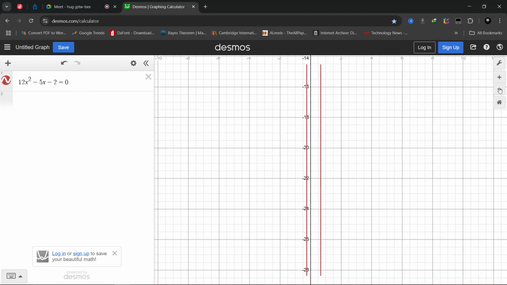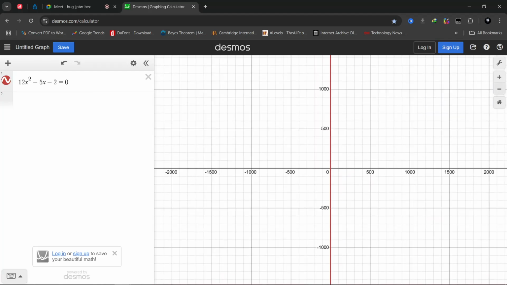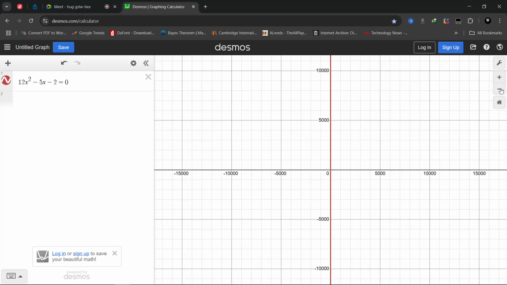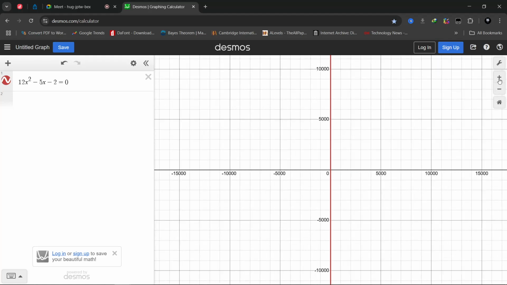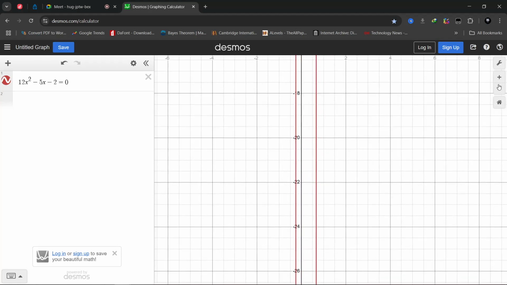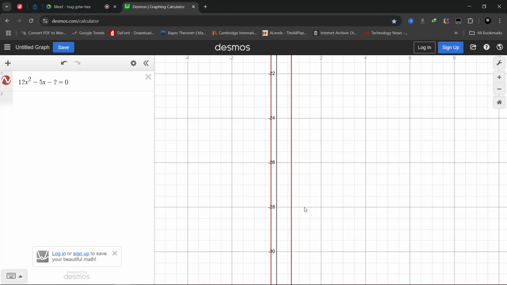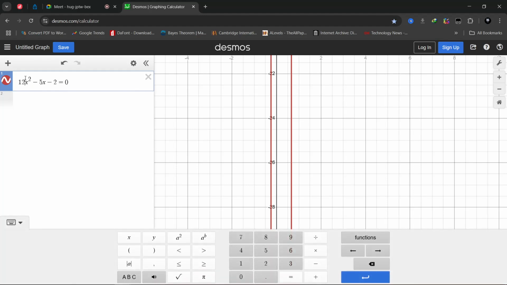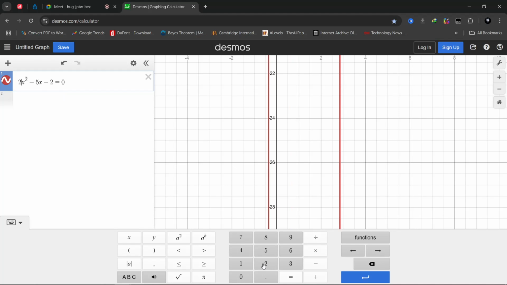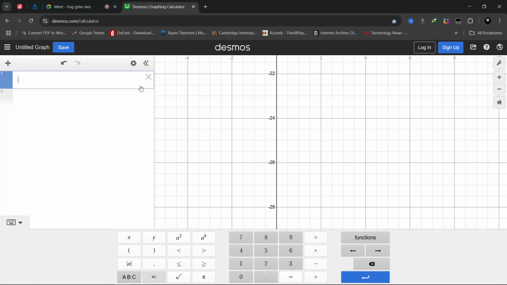So why is this looking like that? This does not look right. Let me just get a regular quadratic.